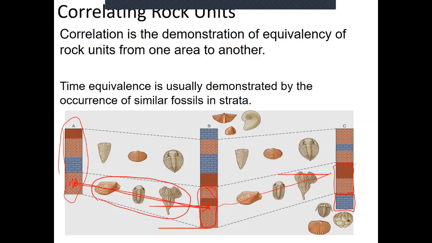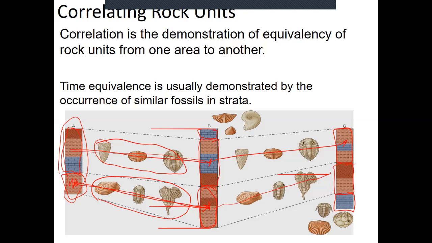These rocks at C must be older due to superposition than these rocks over here at A. And these rocks at location A contain these fossils, as do these rocks at location B and these rocks at location C. That allows us to correlate these rocks together and map the time from A to B and A to C. However, these rocks at B contain different fossils and must have formed at a different period of time, and therefore must be younger than these rocks because of superposition. They're above them.